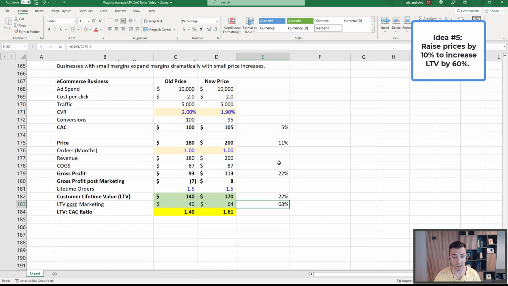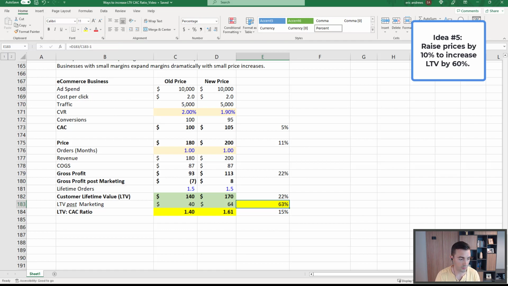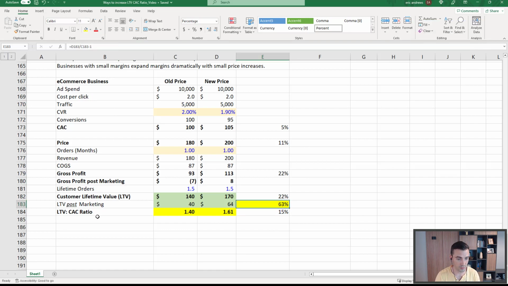So this is pretty dramatic. And if you can implement something like this across your business, you can increase your cash flow massively. So the LTV to CAC ratio went from 1.4 to 1.61. But I think the biggest metric to keep your eye on here is this one right here, where you can see such a dramatic increase in your customer lifetime value post-marketing.